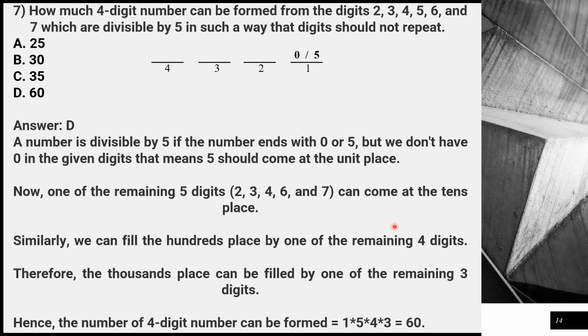So multiplying the number of digits, 1 in ones place, 5 in tens place, 4 in hundreds and 3 in thousands, is equal to 60. Why have we stopped at 3 here? Because they asked only for 4 digits, right? So 1, 2, 3, 4, right? So multiplying gets 60. So the answer is 60.